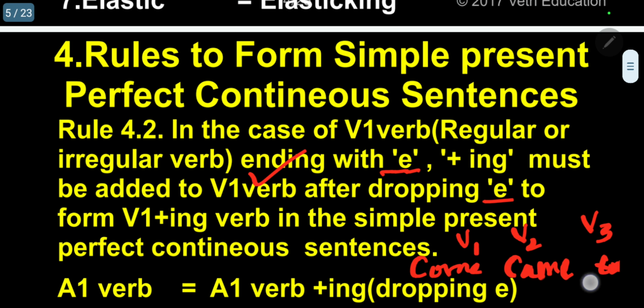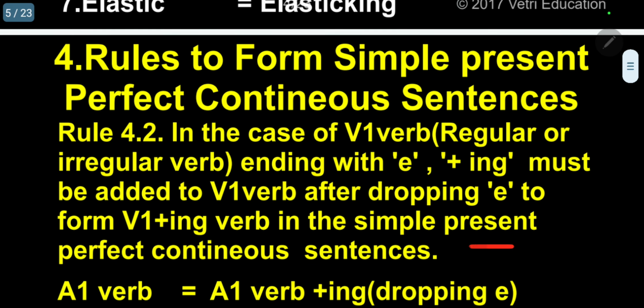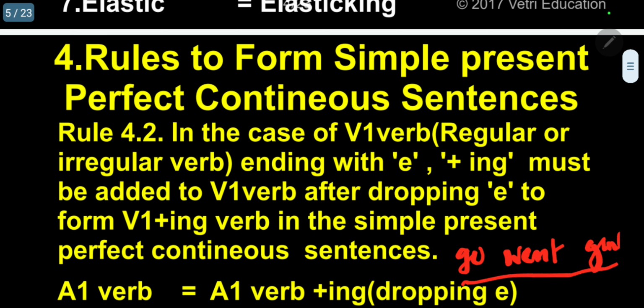So they are different: come, came, come. The same way, you can see the irregular verb go, went, gone. See how different they are. Regular means we simply have to add. That's all.